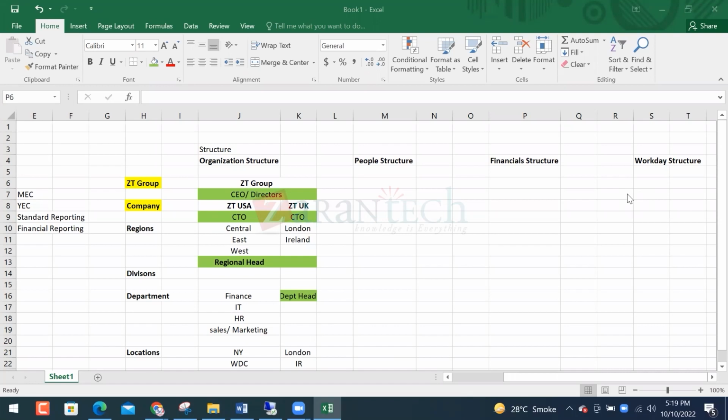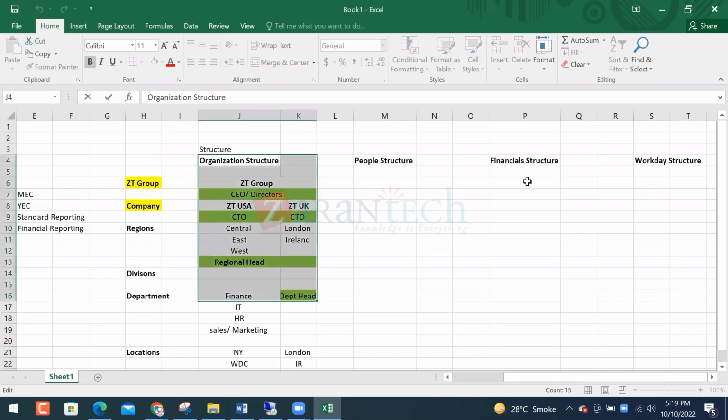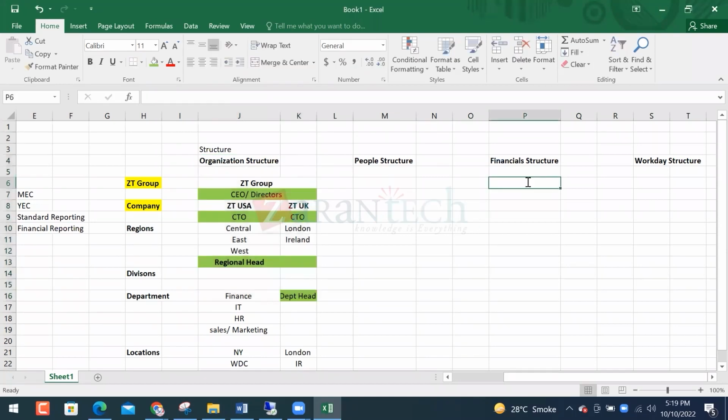The departments. No. Department we already discussed in the org structure. It's a part of our org structure. Legal entity. Okay, fine. Legal entity is there. Yes. Cost center. CC, cost center.